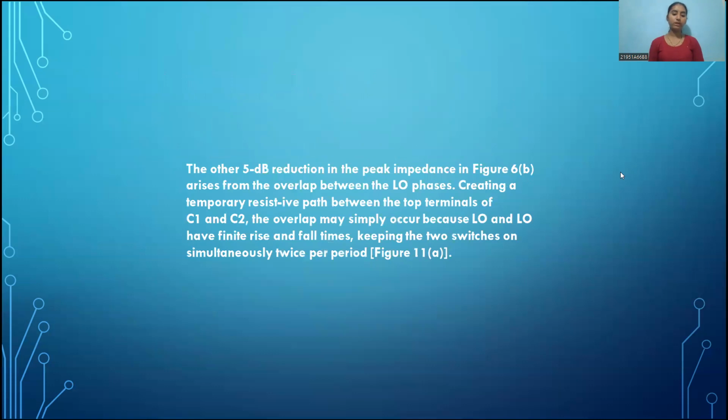The reduction in the peak translated impedance in Figure 6b arises from the overlap between the LO phases, creating a temporary low resistance path between the top terminals of C1 and C2. The overlap may simply occur because LO and its complement have finite rise and fall times, keeping the two switches on simultaneously twice per period.